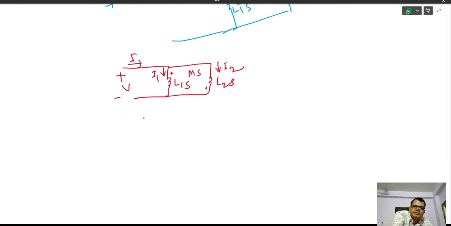So write the KVL: V equal to L1S I1, right?